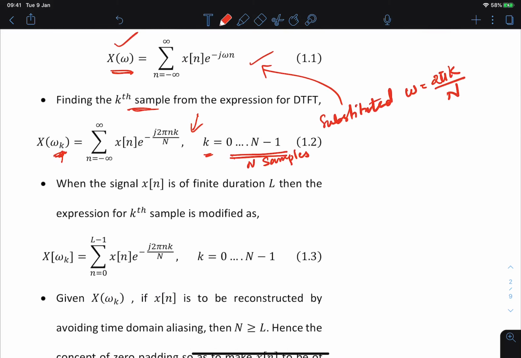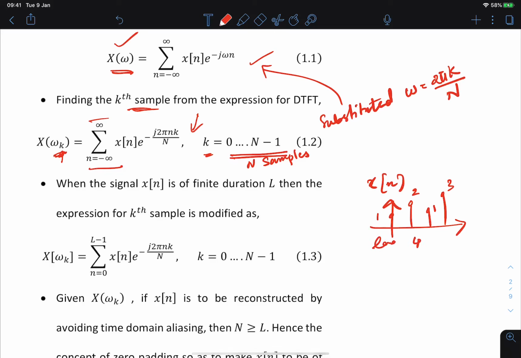Now look at this part, where n goes from minus infinity to infinity. Now consider a signal like this, x of n, a finite duration signal. This is just an example. It will be something like 1, 2, 1, 3. So that is a signal of length 4.